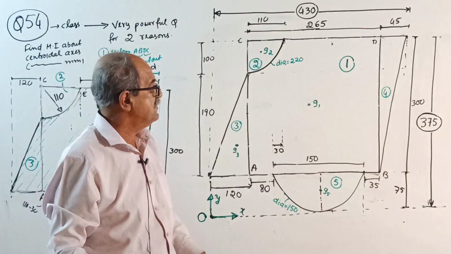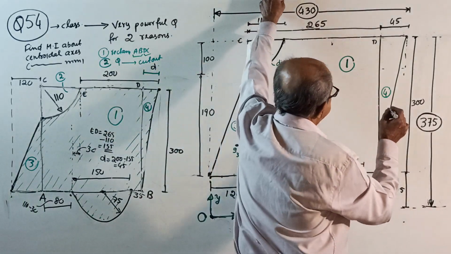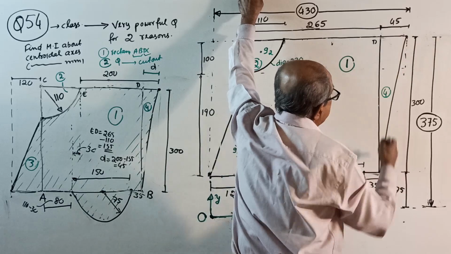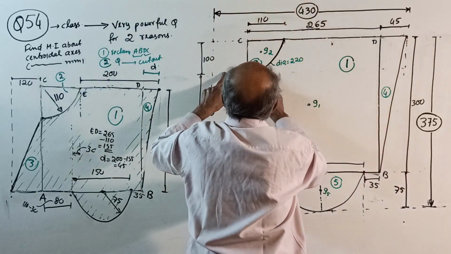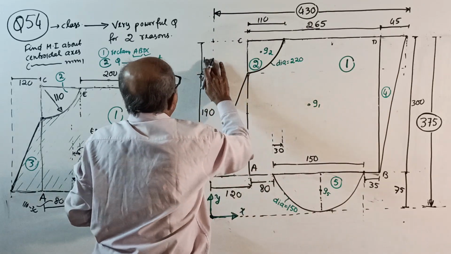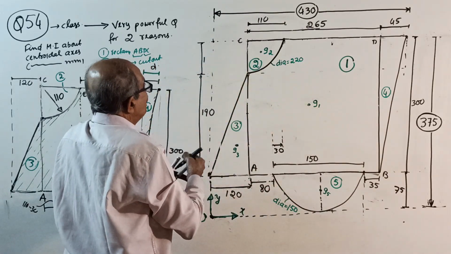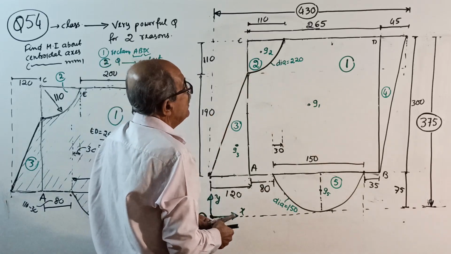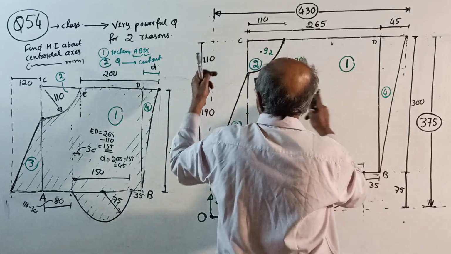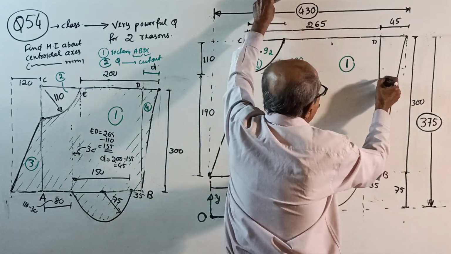This I will not explain once again. G4, divide this height 300 into 3 parts. 100 comes here. Huh? Oh, this is not 100, this is 110. Oh, okay, no problem. I have not used it. Oh, by mistake, 300. See, 100 comes here. So divide into 3 parts.